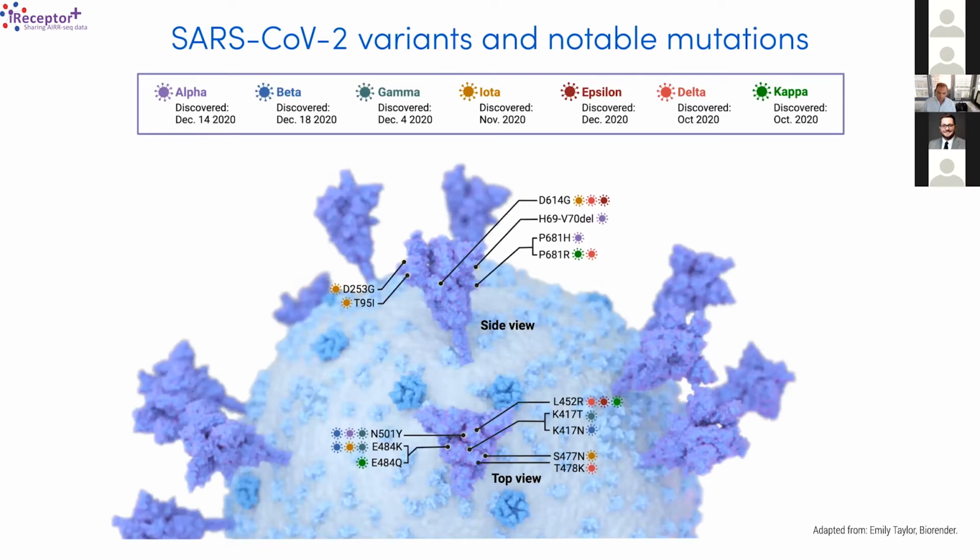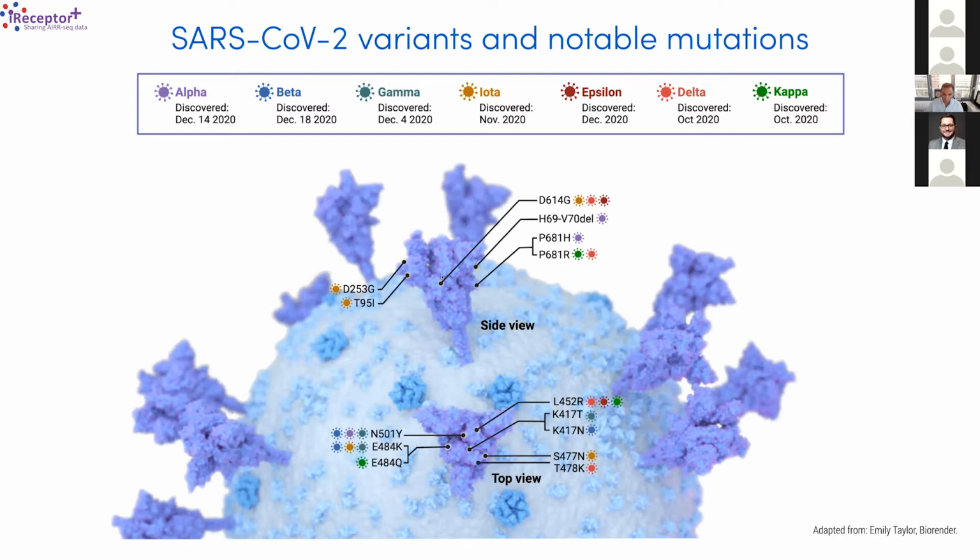Now, looking more closely at SARS-CoV-2, I think most of you are probably aware that it is the spike protein that plays a pretty important role. It's of course the component used in most vaccinations, and it's mutations to the spike protein, indicated and highlighted in this image, that usually characterize a lot of variants.